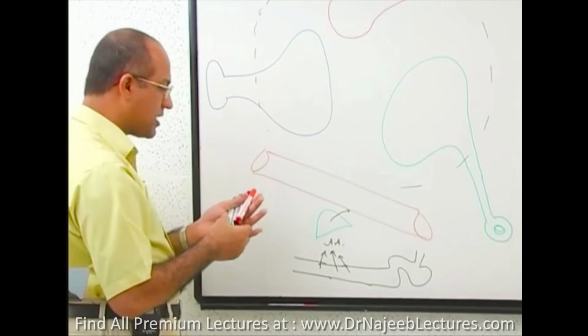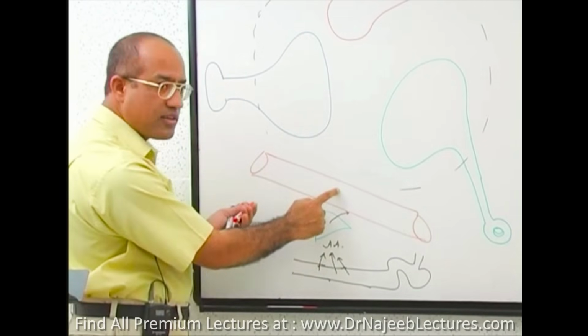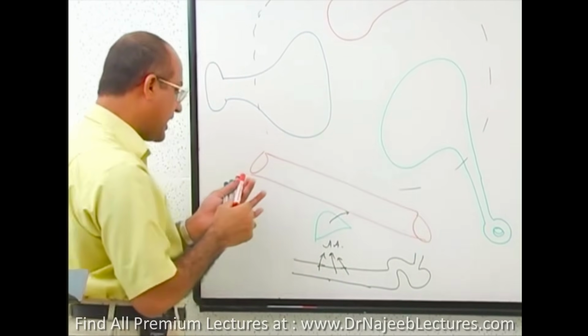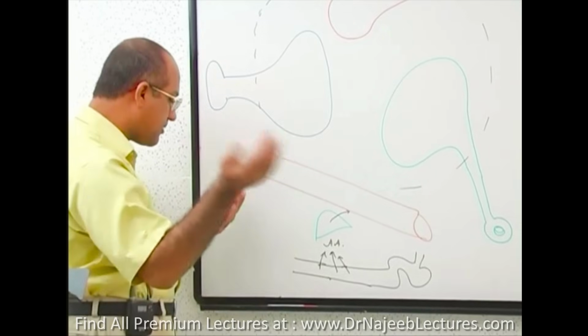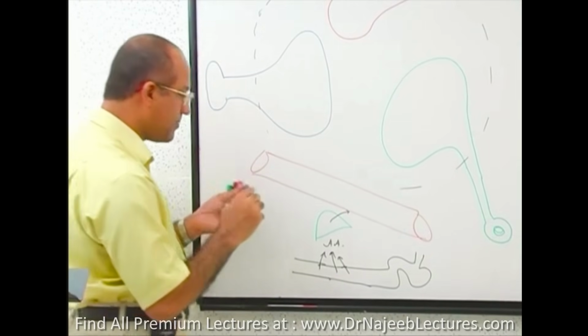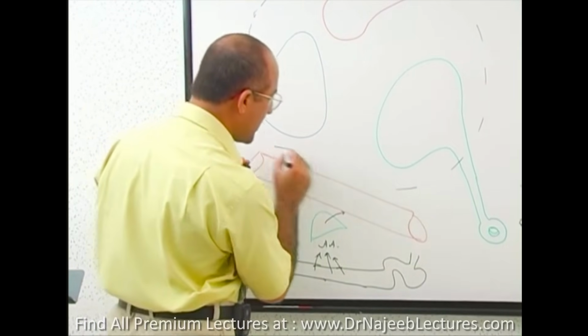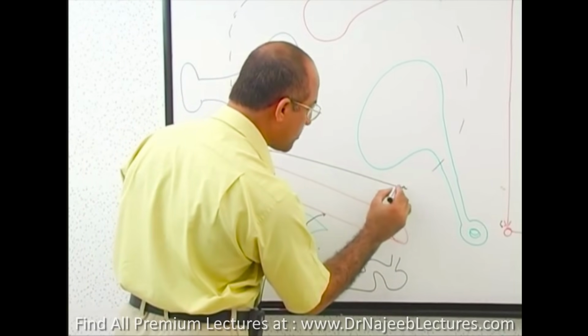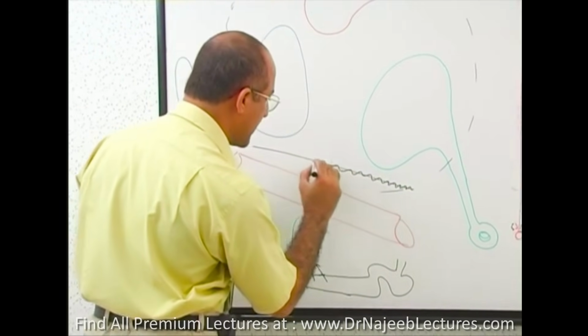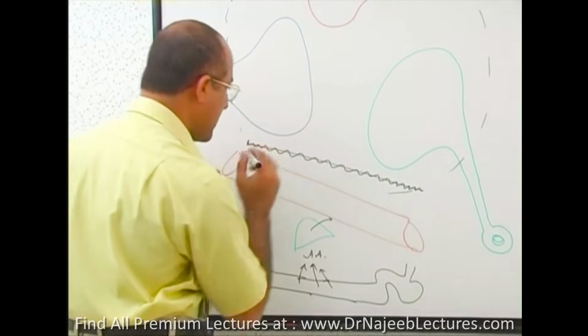But for any substance to reach the neurons from the blood, it has to pass through a barrier. What is the name of that barrier? That is called, yes, the blood-brain barrier. Let's suppose this line represents the blood-brain barrier.